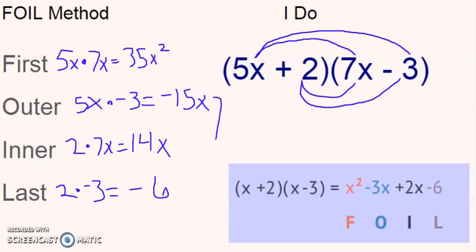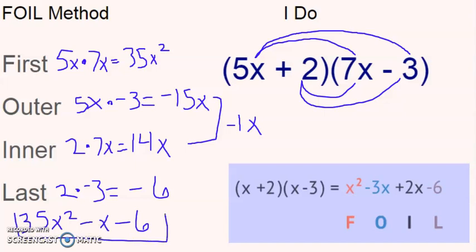Combine these two to give you negative 1x. So your standard form is 35x squared minus 1x minus 6. And this is your standard form, going from factor to standard using the FOIL method.